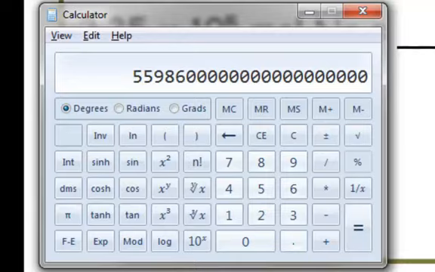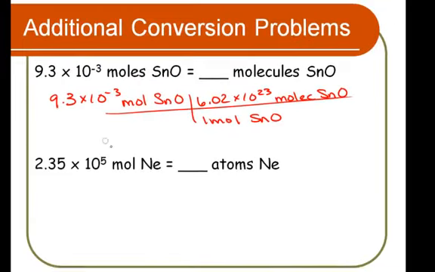And we'll see that we get, in scientific notation, 5.5986 times 10 to the 21st.